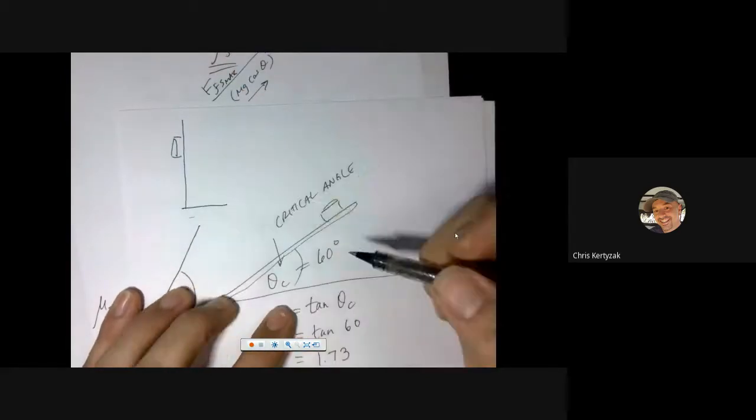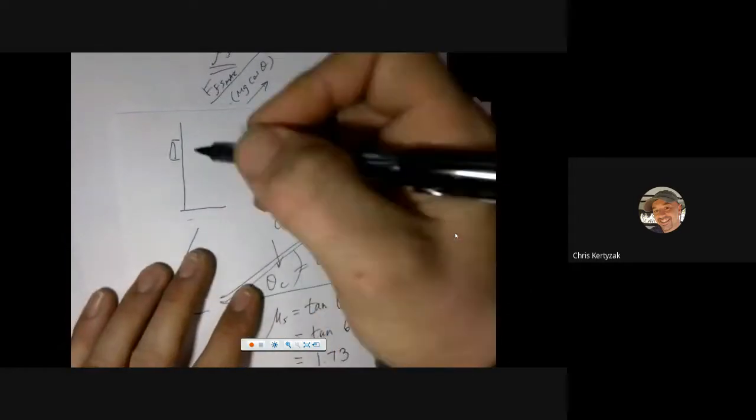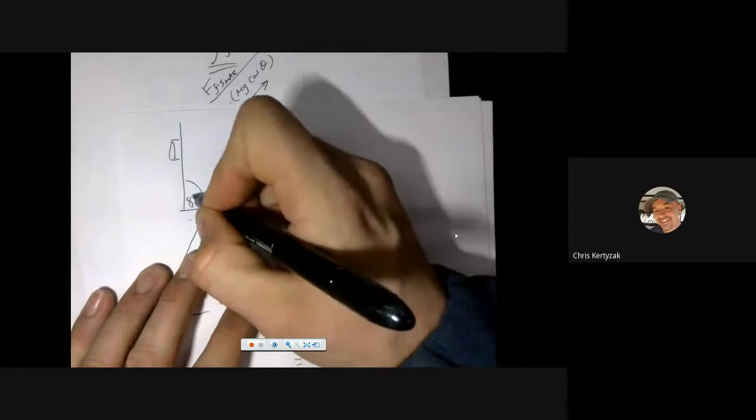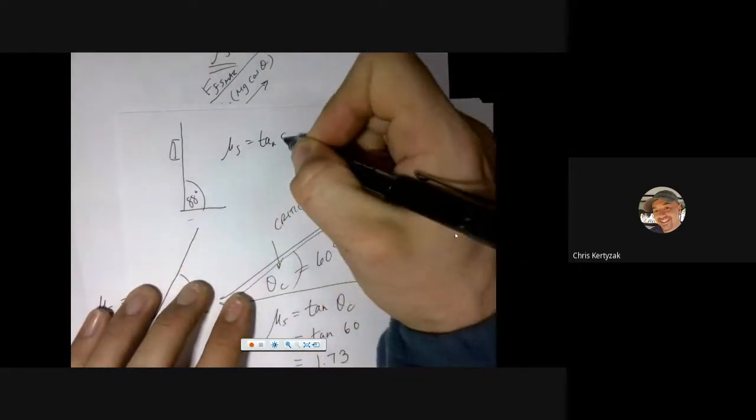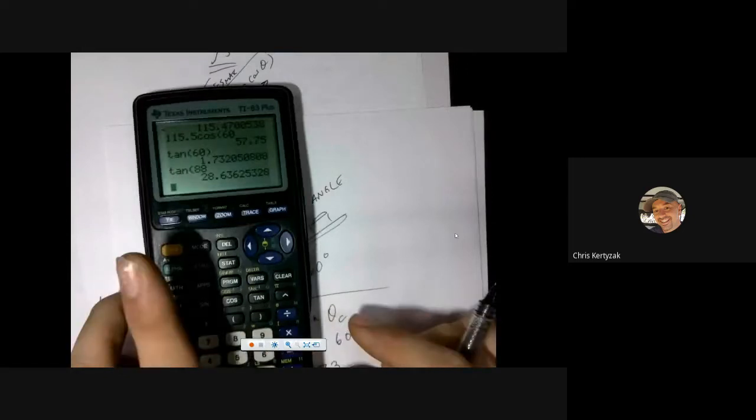I don't know. If it's glue, then we're not talking static. Glue is not static friction. Static friction is a natural traction effect. But let's just say there's some crazy 88-degree angle and it's still holding on. mu s is tangent of 88. Holy moly, 28.6. I don't think there's anything that can do that.